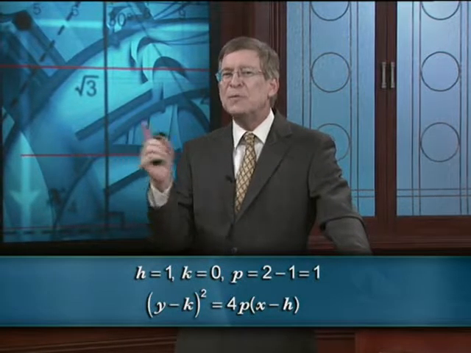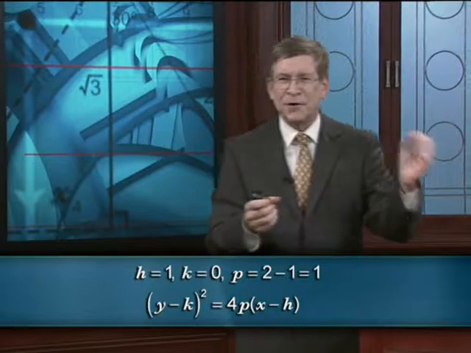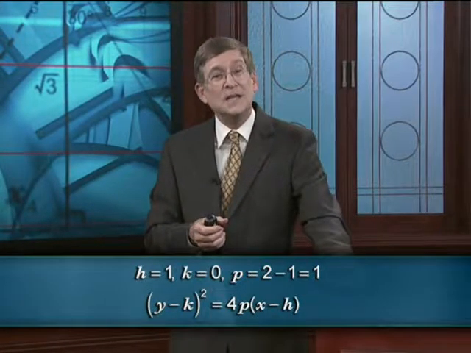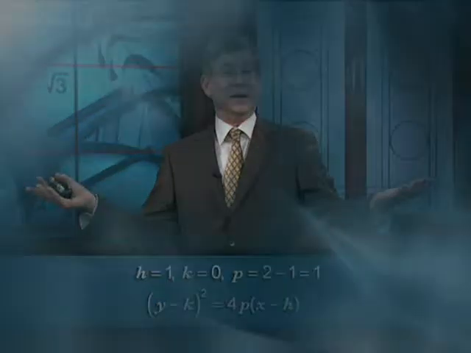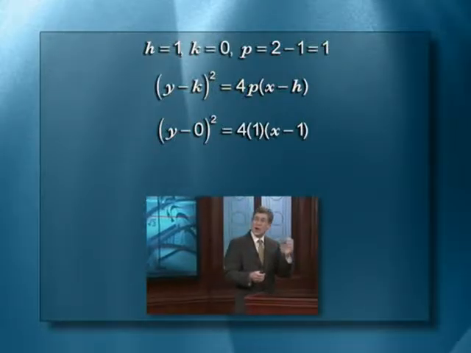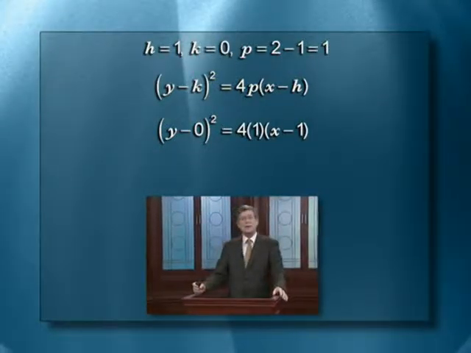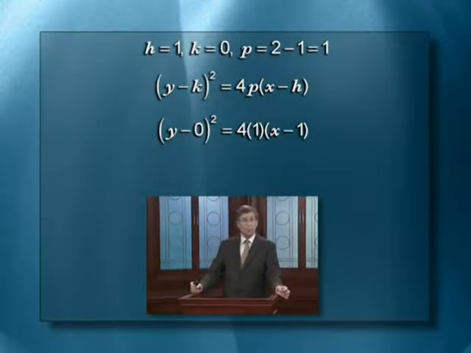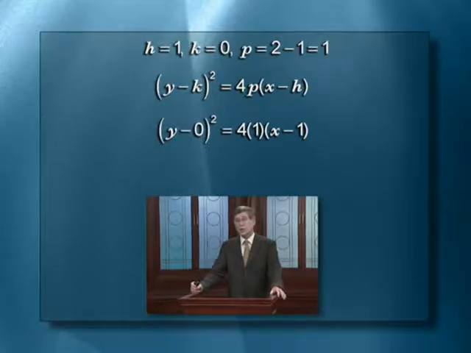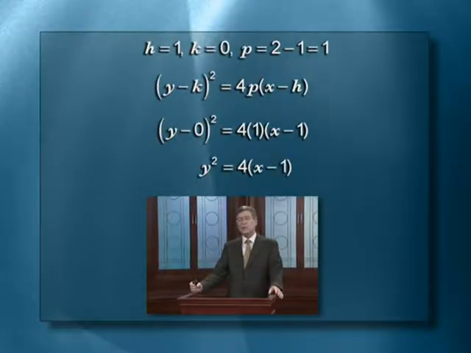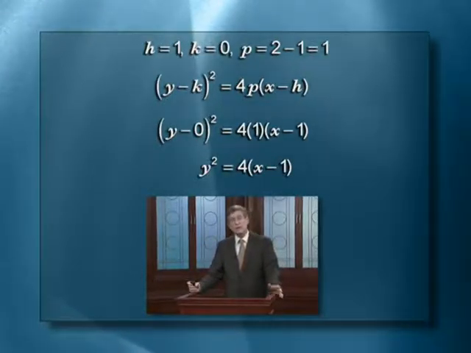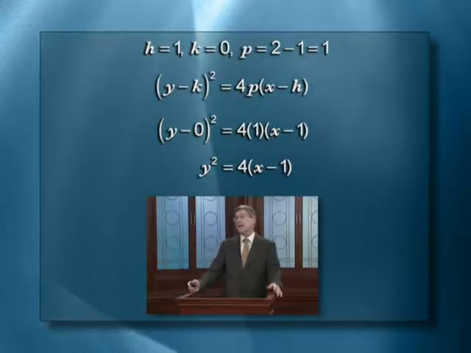Well, p was 2 minus 1, the distance from the focus to the vertex, so p is 1. I know everything. Here's the equation. (y minus 0) squared equals 4 times p, 4 times 1 times (x minus h), and h is 1, so it's x minus 1. Simplify, y squared equals 4 times the quantity (x minus 1). That's the standard form of this parabola.